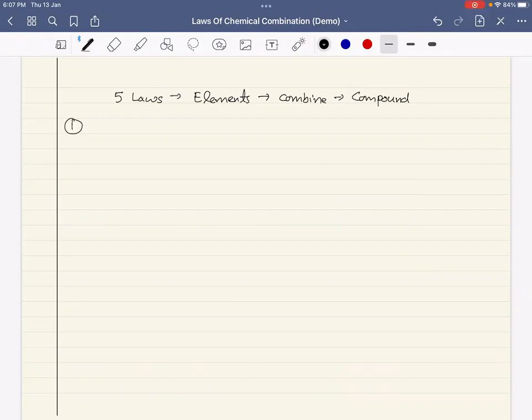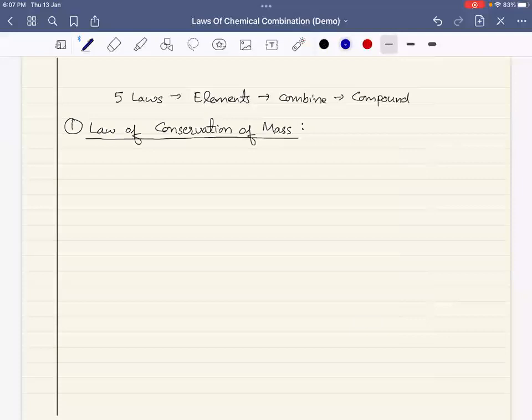The first major law is the law of conservation of mass. This law says that mass cannot be created or destroyed.